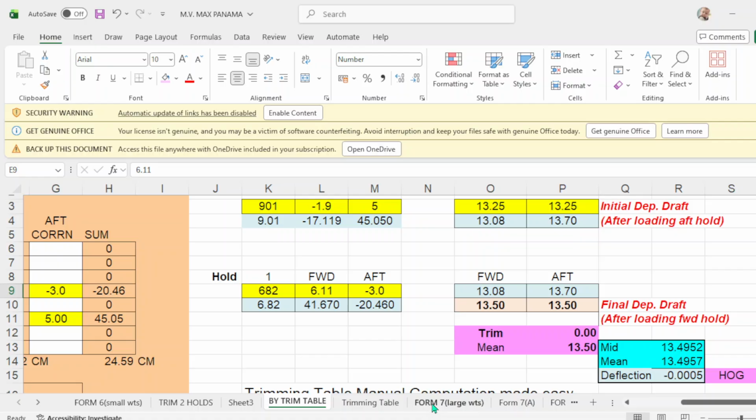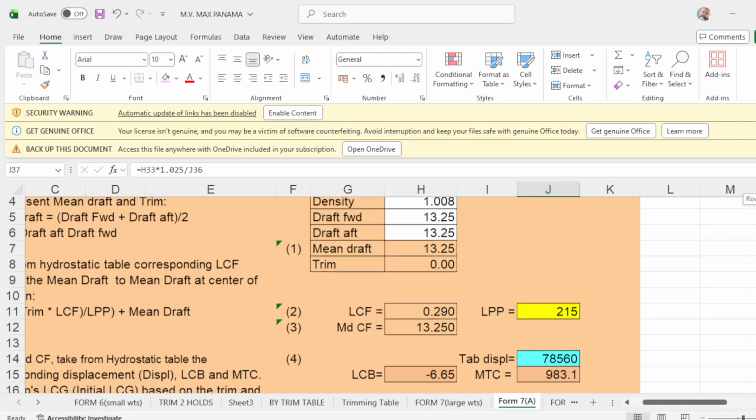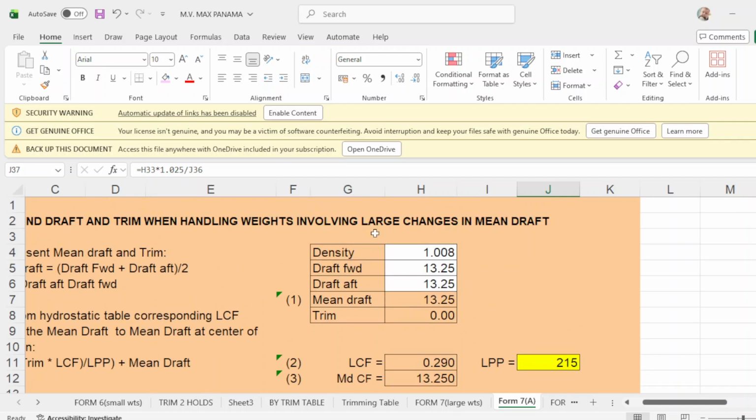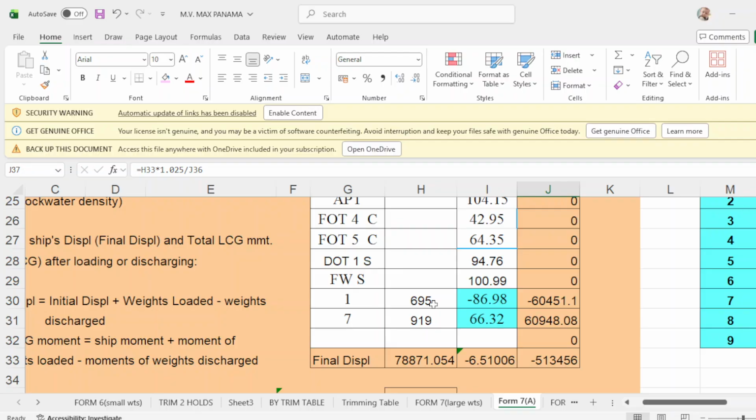And so with here, the initial upper checking drop survey, the density is 1.008, your initial drop forward is 13.25, up is 13.25. Now you apply the load cargo to load in 1 and 7.